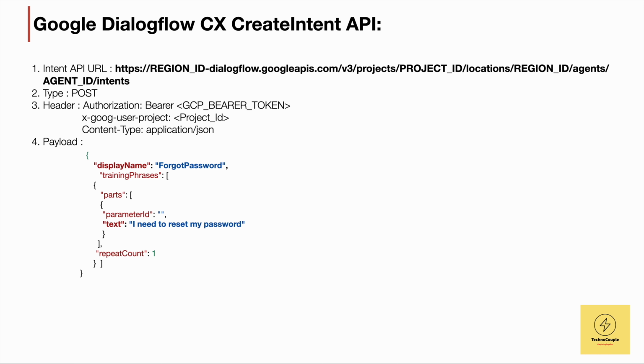Then, you need to populate headers like authorization, x-goog-user-project, and content type. For the authorization header, you need to provide a bearer token, which can be obtained either from Google Cloud Shell by running the gcloud auth print-access-token command or by calling appropriate Google authentication APIs.